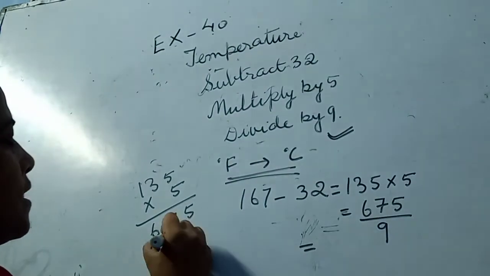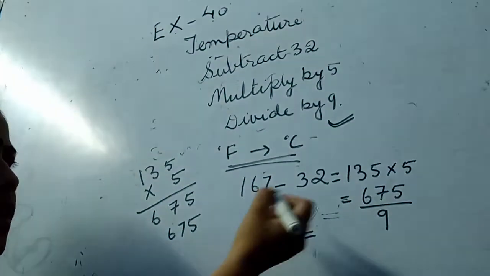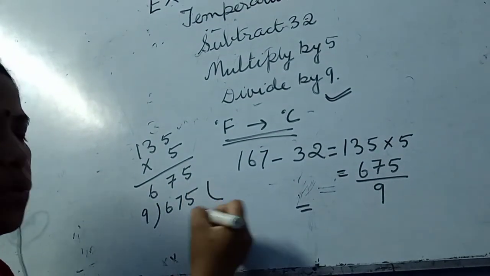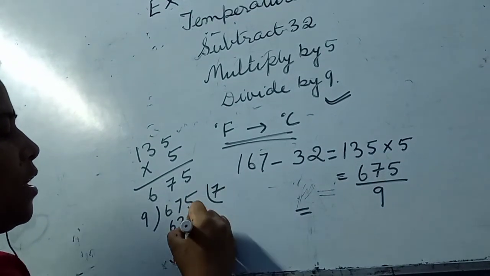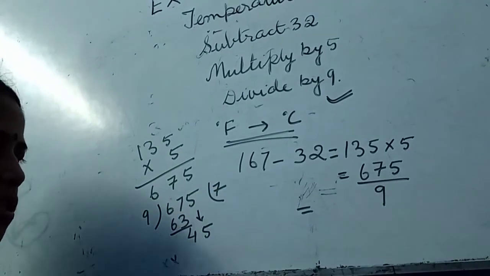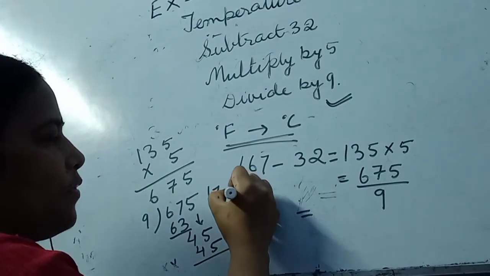So when you divide this 675 by 9, what are you going to get? 9 7s are 63. Now 4 over here. Then bring this 5 down, so that is 45. How many times? 5 times.